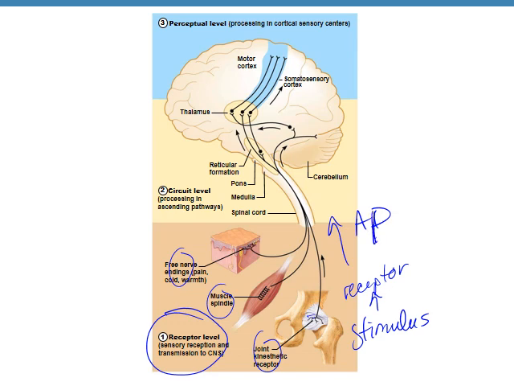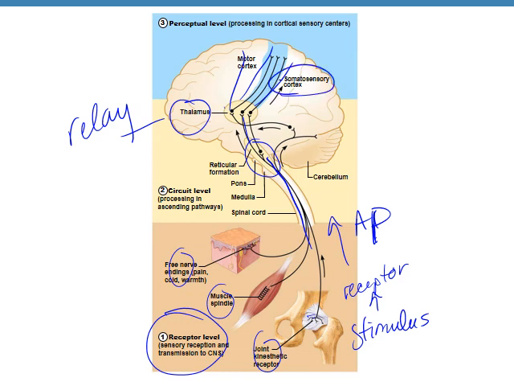The message travels up the spinal cord, through the brainstem, to our thalamus, which if you remember is our relay, and then we send the message to a specific section of our brain. In this case, the somatosensory cortex. So this is where all this information is going, and hopefully it's going to be conceptualized, right? You're going to interpret where these messages are coming from.